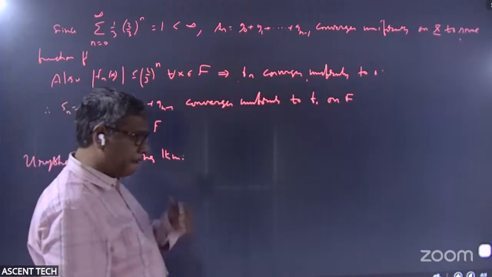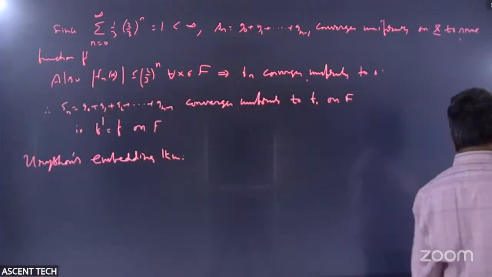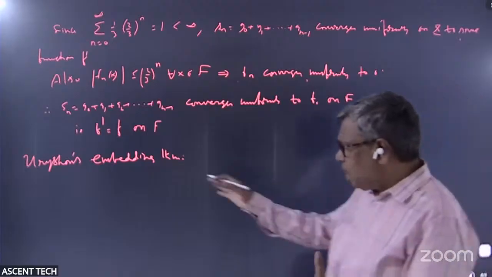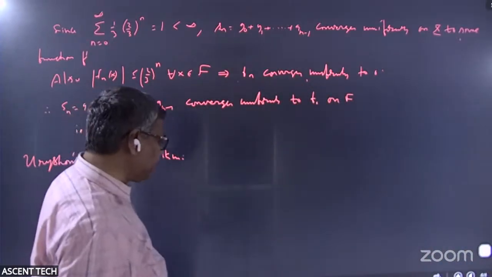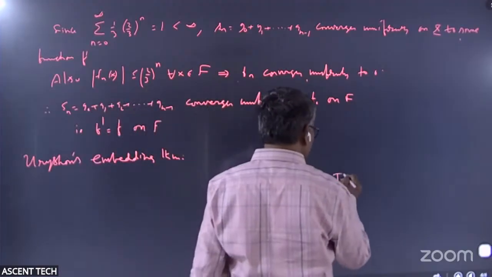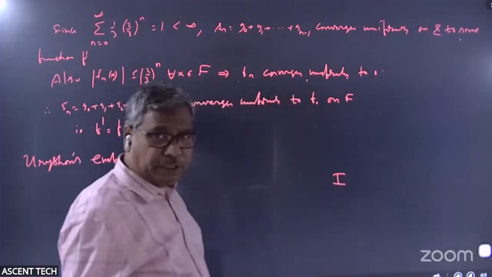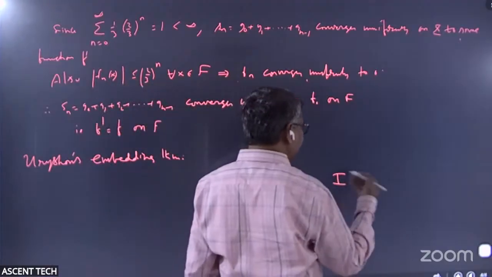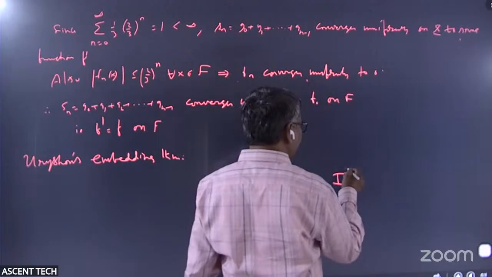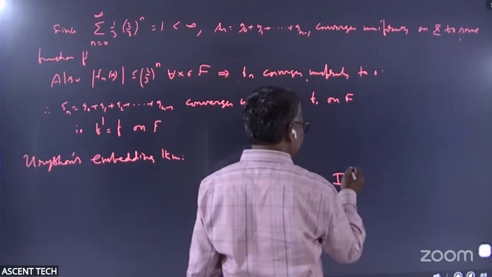Basically, I want to embed X in a metric space. The metric space I will take is I, the interval 0 to 1, with itself infinitely many times, I omega or I infinity.